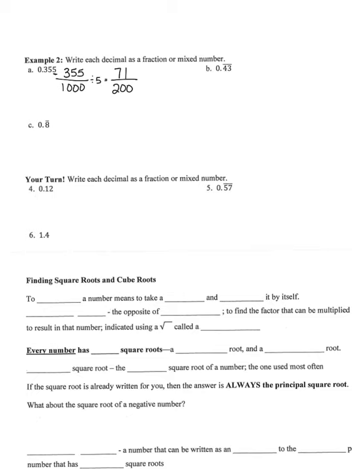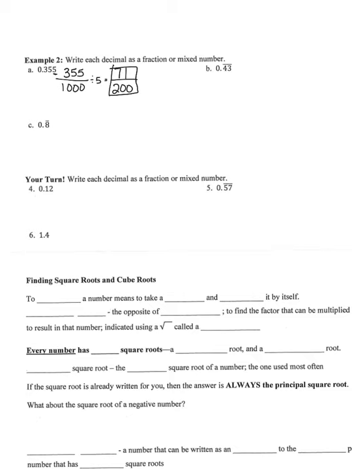And now I'm looking at the numerator of 71, and I know that 71 is a prime number, so therefore I cannot simplify this any further. My simplified fraction is 71 over 200, excuse me.